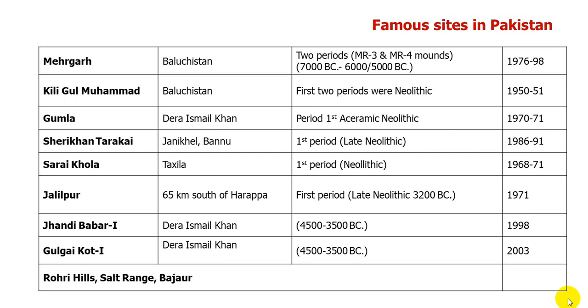Gulgai Court is also an important site located in Dera Ismail Khan, explored by Professor Ehsan Ali and Professor Zakirullah Jan in 2003. The other important sites are located in Rodi Hill, Sindh, Sakhar, the Salt Ridge, Jhelum and Chakwal, Punjab area, and the Bajawar area.